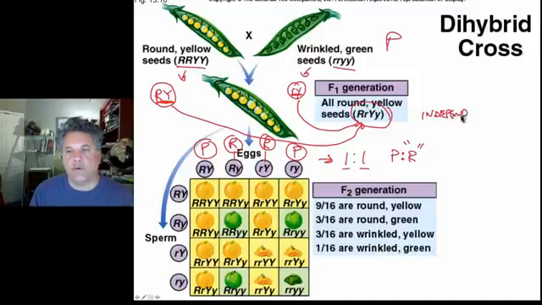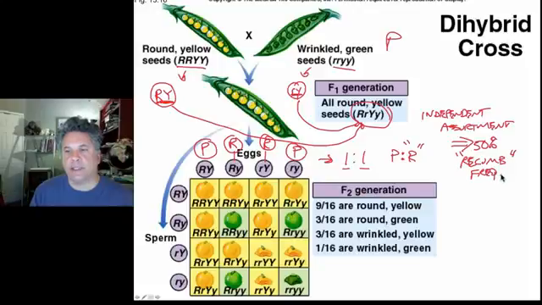So independent assortment yields a 50% recombination frequency. And I'm going to put that in quotes, in the sense that independent assortment shuffles the alleles so that we have two parental genotypes that were inherited from these parents and two recombinant ones.